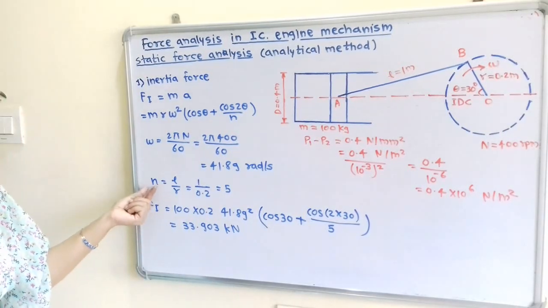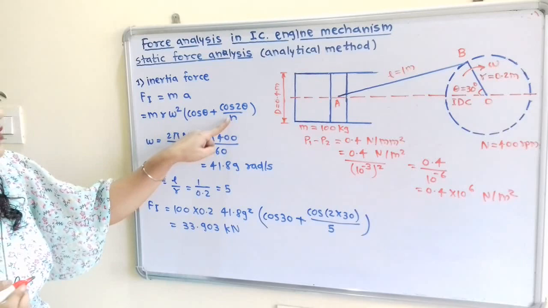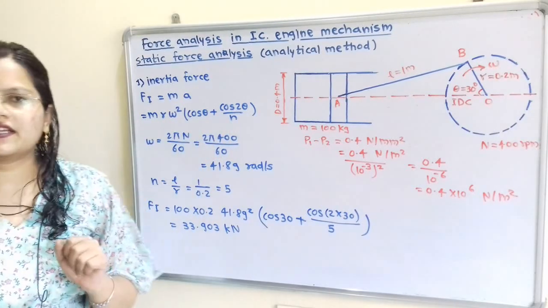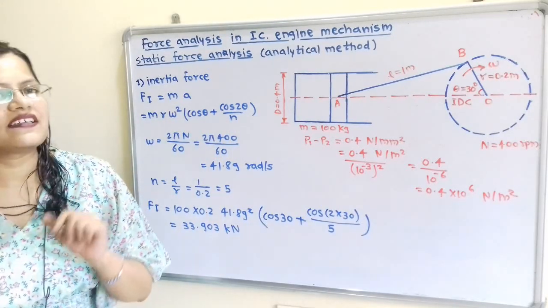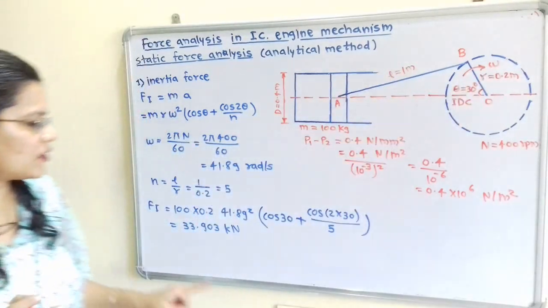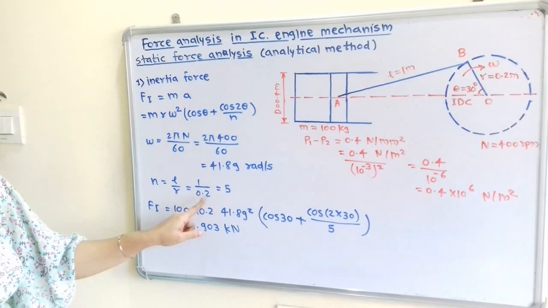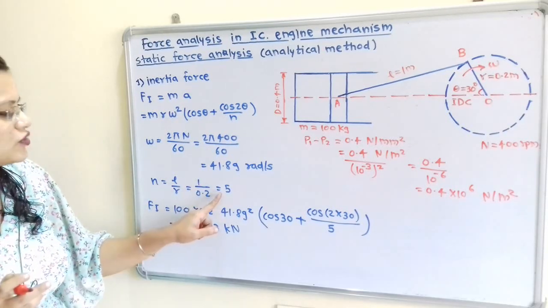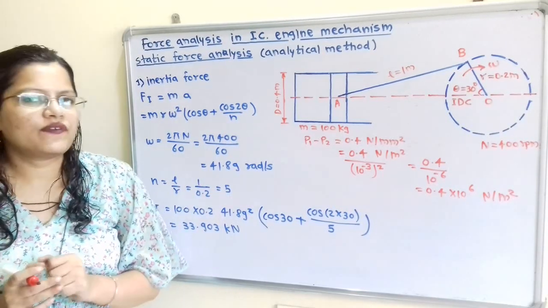Now we will find out the value of n, because here in denominator n is there. So n is the obliquity ratio and it is L divided by R. So what is L? That is 1 and R is 0.2. So n obliquity ratio is equal to 5. Now we will put the value.